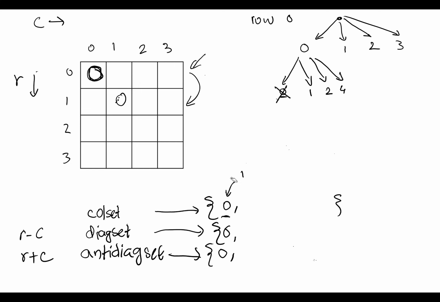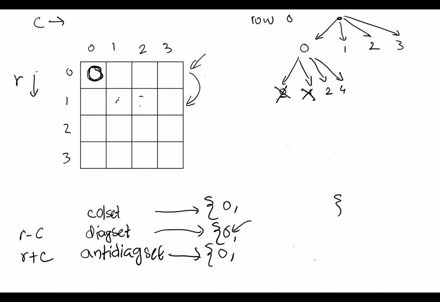But the thing is, row is 1 and the column is also 1. So row minus column, 1 minus 1, is 0, and you can see there is already 0 here. That means it collides. So this is also ruled out.